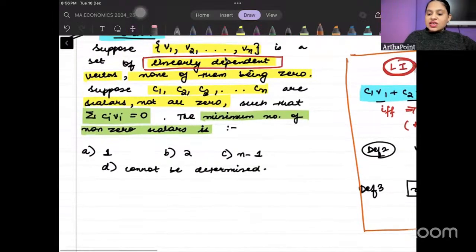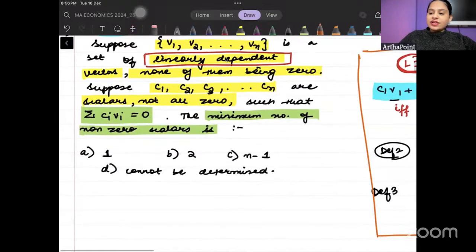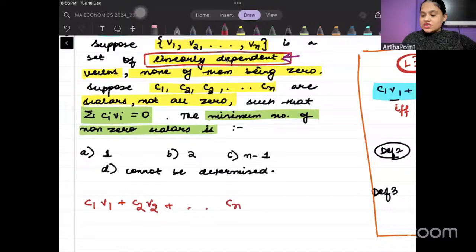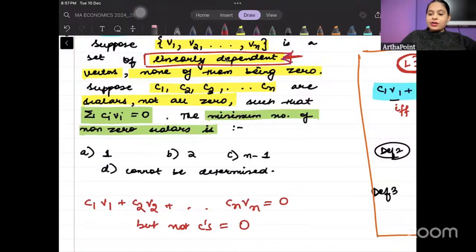But now let's go ahead and look at what the question is saying. So question is saying that V1, V2 till Vn, it is a set of linearly dependent vectors. Mane, we are saying that C1 V1 plus C2 V2 so on till Cn Vn ये तो 0 है. But not all Ci's equal to 0. There are some Ci's which are non-zero because it is linearly dependent.